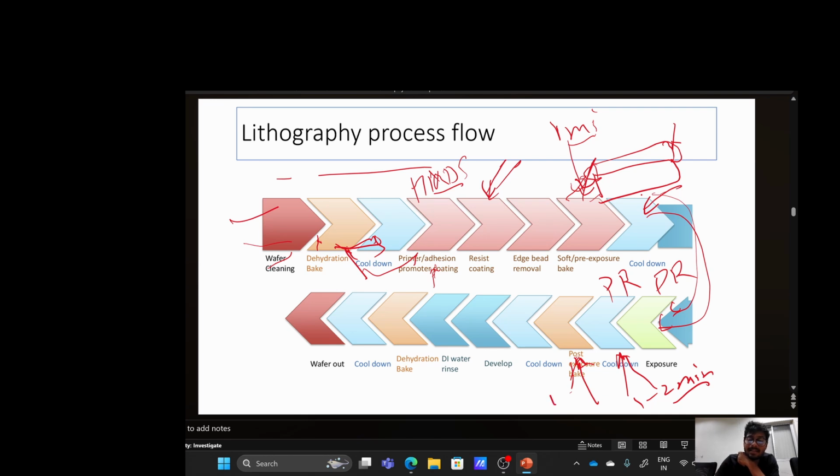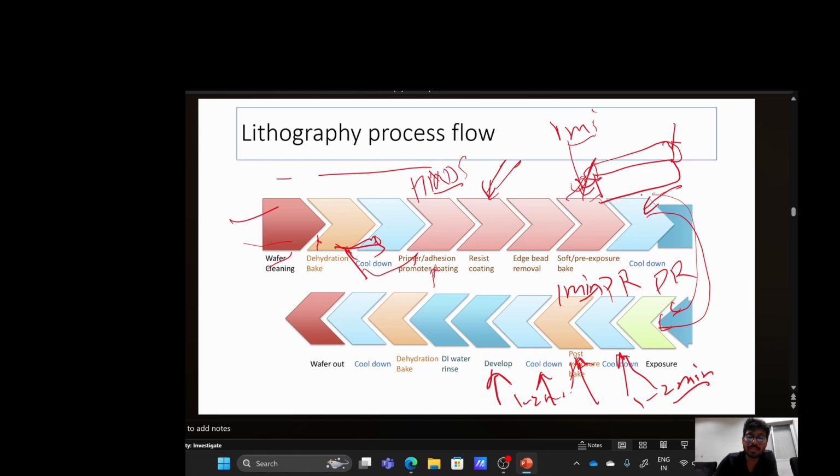Then again you need to cool down. This hardly takes 1 minute, and the cool down 1 to 2 minutes. So this whole process doesn't take that much time, but there are so many steps in it.